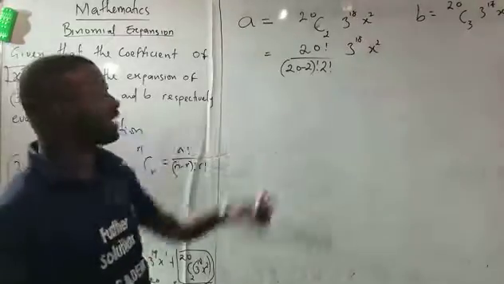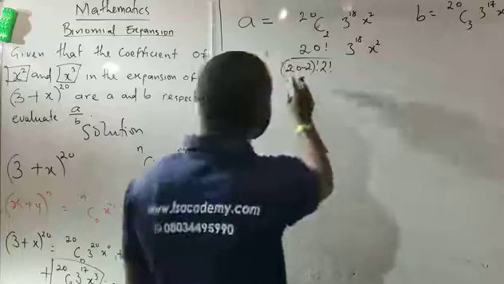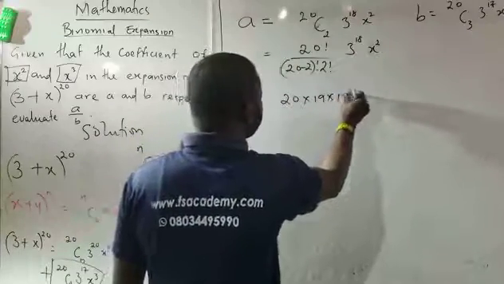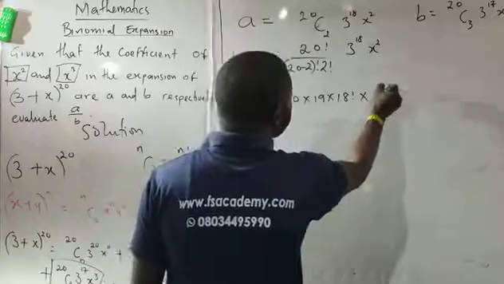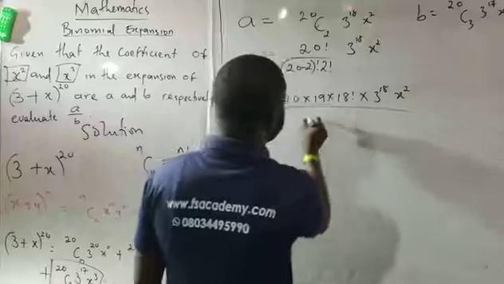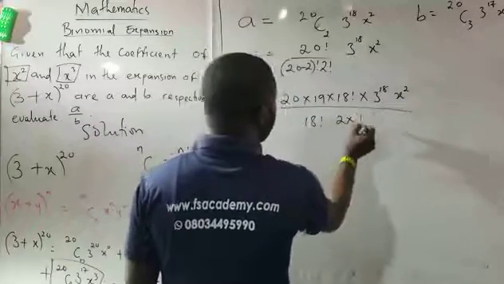This is combination. For me to have this, I'll be having 20 multiplied by 19 multiplied by 18 factorial multiplied by 3 raised to power 18 x raised to power 2, divided by 18 factorial multiplied by 2 times 1.